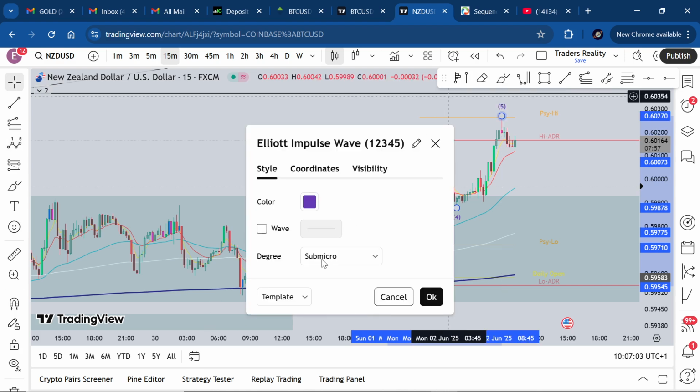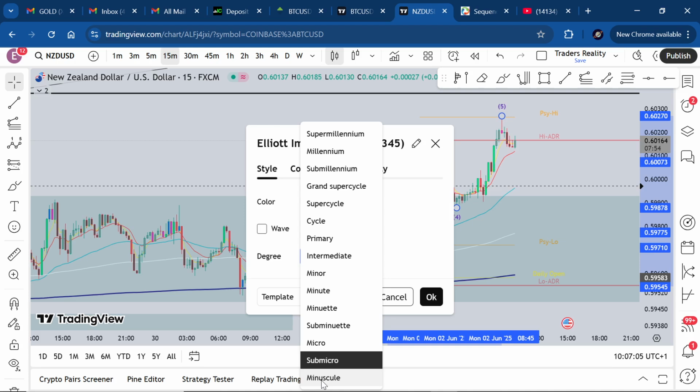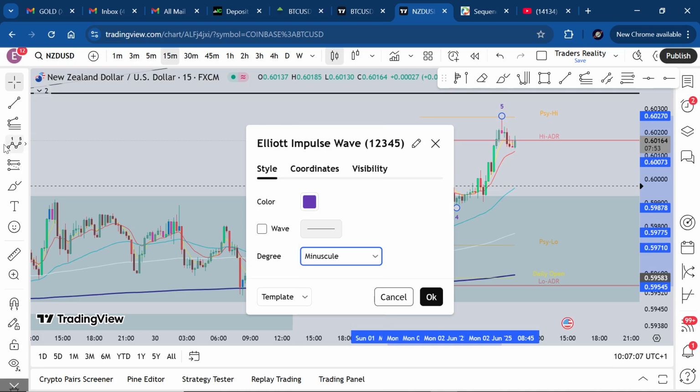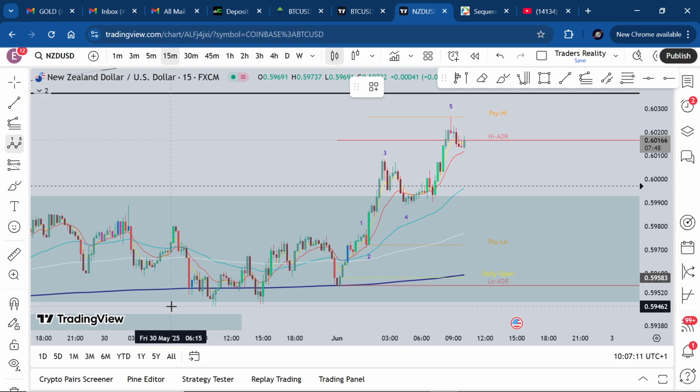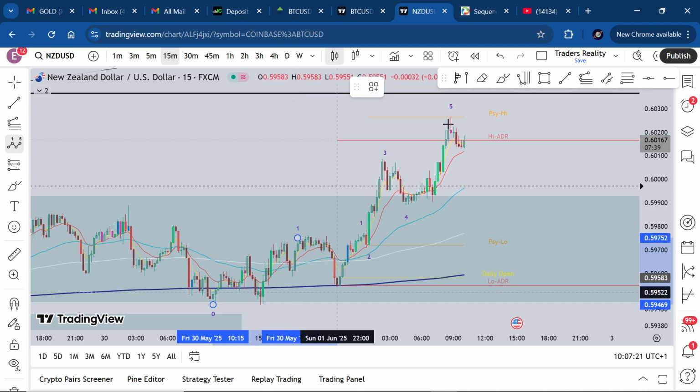We get a degree smaller on this, and we'll get the higher degree drawn out, which is one of these two highs, then the 2, then the 3, then a 4 into the prior fourth wave, and then a 5. That looks good to me.